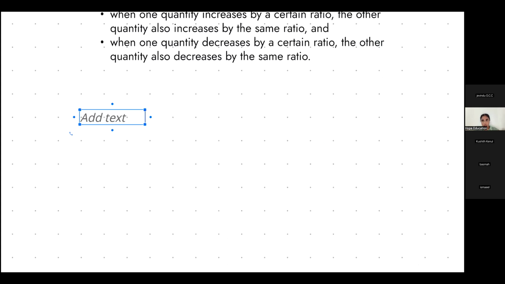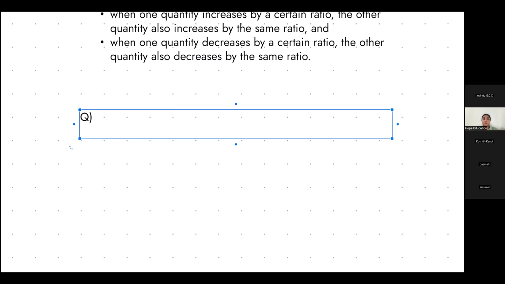Let's look at this as a question to understand the concept. In a preschool, children are given 1 chocolate every day.